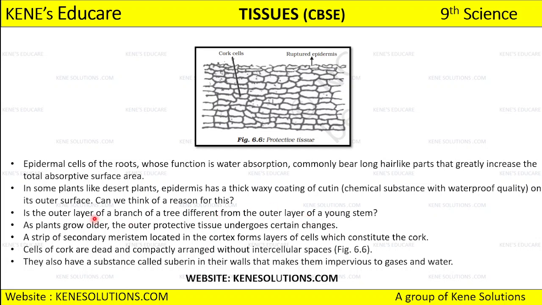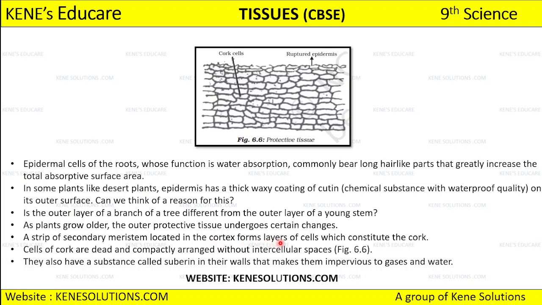And is the outer layer of the branch of a tree different from the outer layer of the young stem? What do you think? Because here what happens is, जैसे जैसे the plant is growing older, the outer protective tissue that it is having is going to change, and there will be a strip of secondary meristem which is located in the cortex.